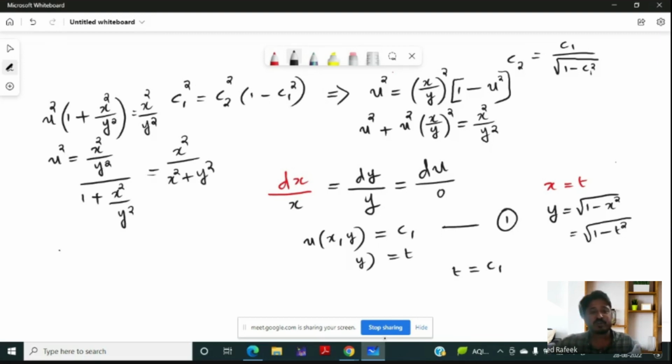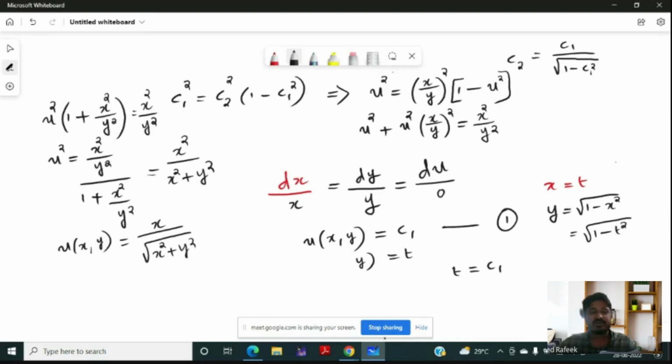So u of x comma y is the square root of this, which implies x by root of x square plus y square, which is unique for x comma y not equal to 0. So I think option 2 is correct.